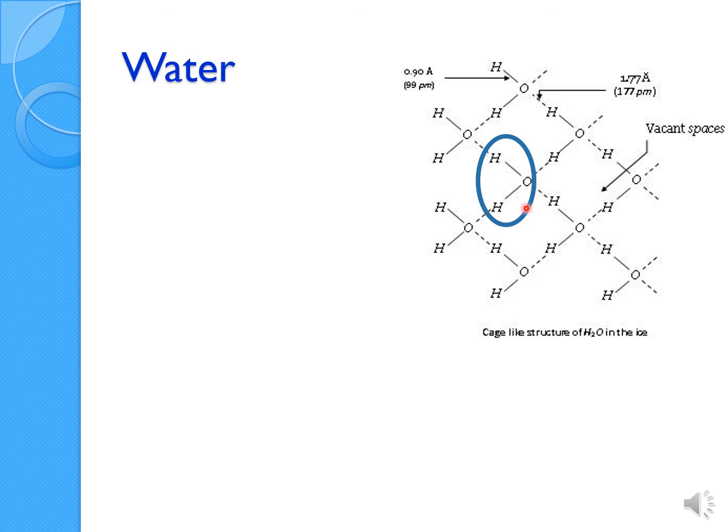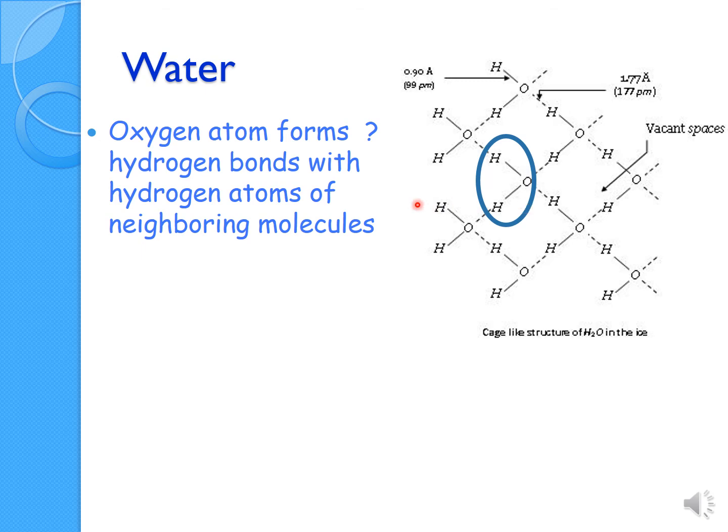So in this way, hydrogen bonding in water is very extensive. Now please check. Consider this oxygen atom. How many hydrogen bonds will it form? If you consider this oxygen atom, you can see it forms two hydrogen bonds. The first bond is this, and this is the second hydrogen bond. Dotted lines represent hydrogen bonds. So the oxygen atom forms two hydrogen bonds with hydrogen atoms of neighboring molecules.